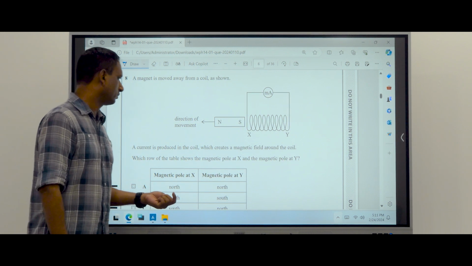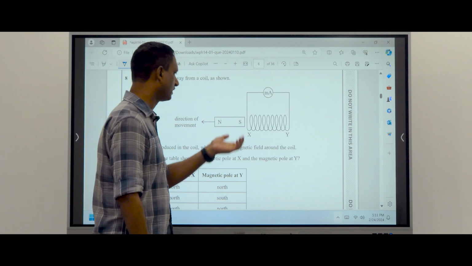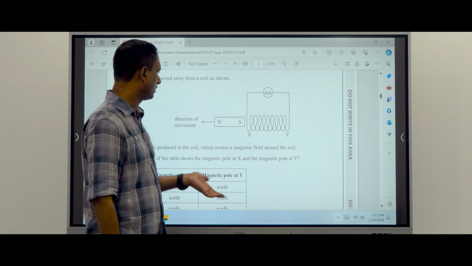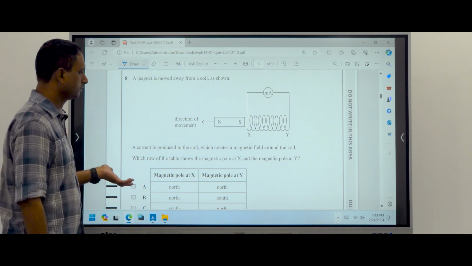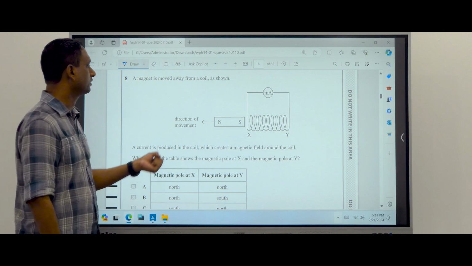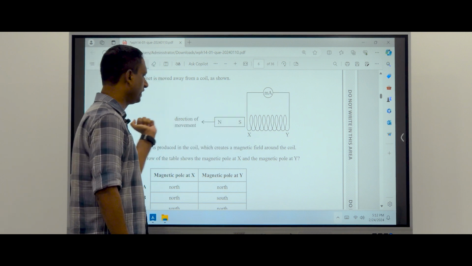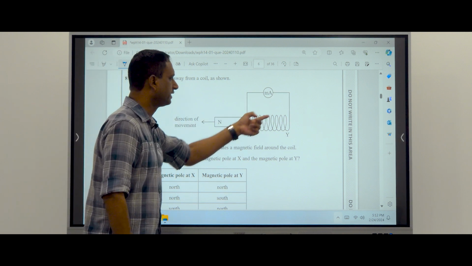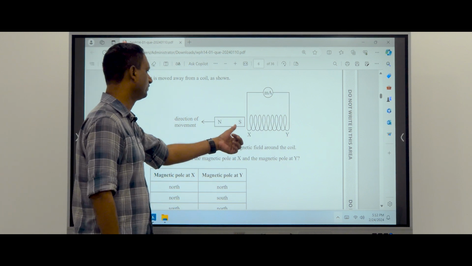Right. The induced magnetic field sets up a current which opposes the process which creates it. That means when the magnet is moving away, current is set in the coil. This current opposes the process which creates it.